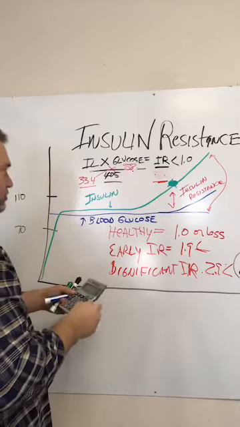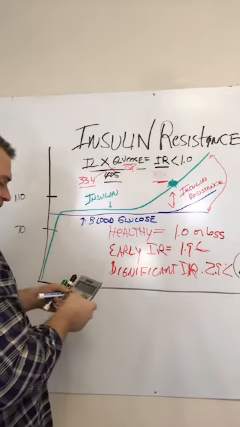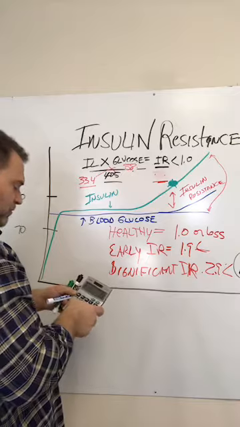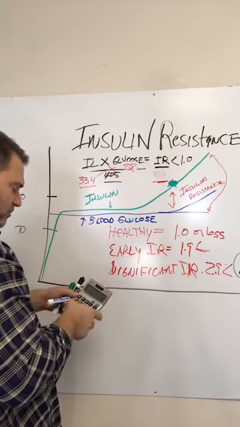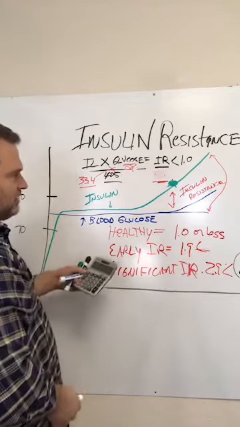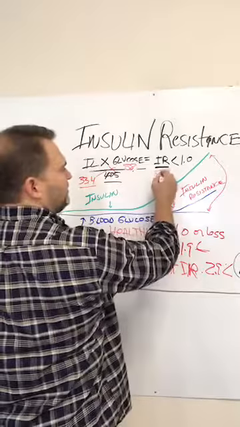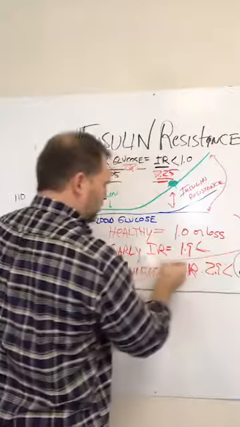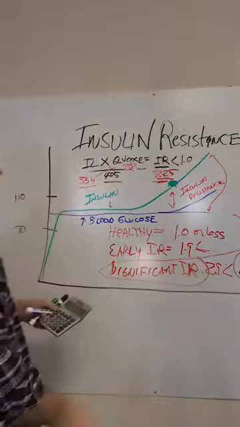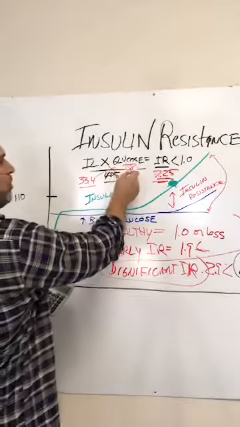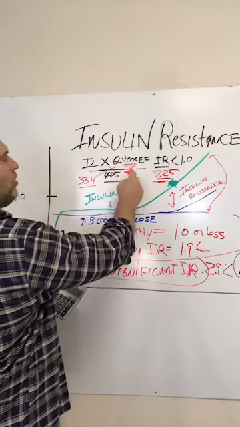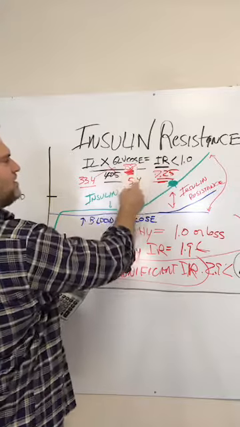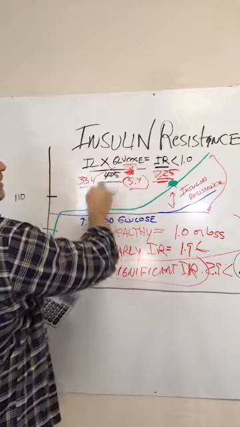Let me do the numbers. 88 times 33.4 divided by 405 is 7.25. So we're back here. Normal blood glucose, normal A1C, her A1C was only 5.4.